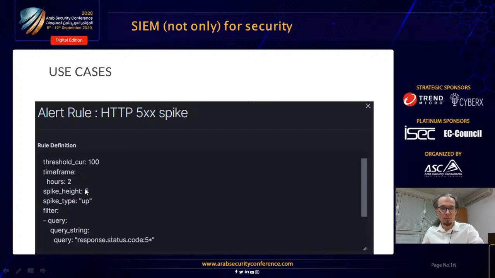And if this time the time frame is 5 times bigger than the previous one, then this is a sudden spike of 500, meaning that probably some service stopped working, or there is any other issue. We can correlate that later on, but basically this is monitoring for 500 errors.